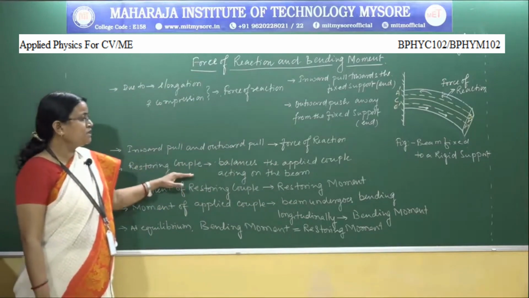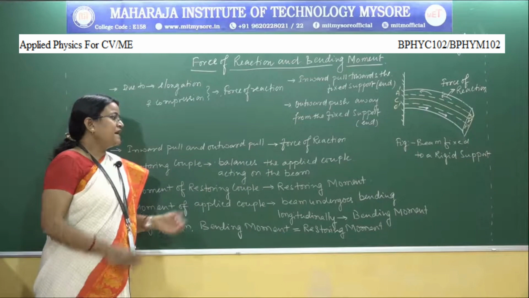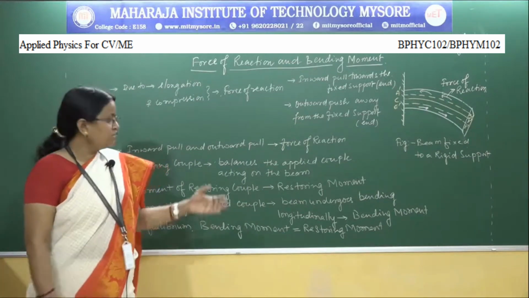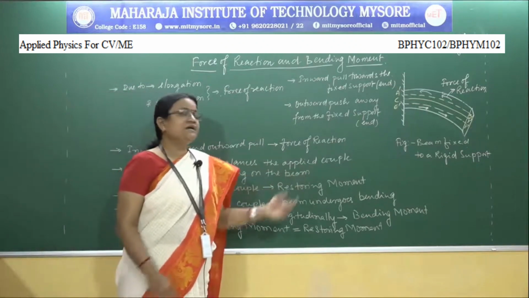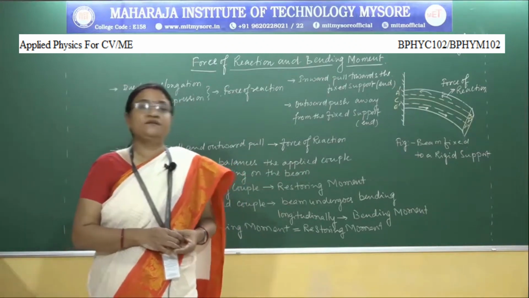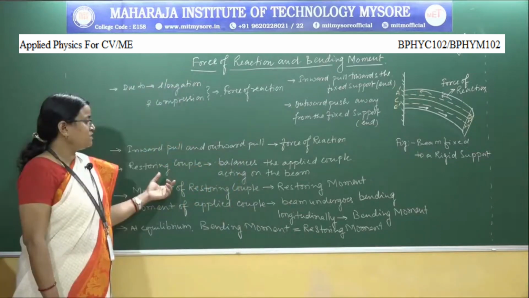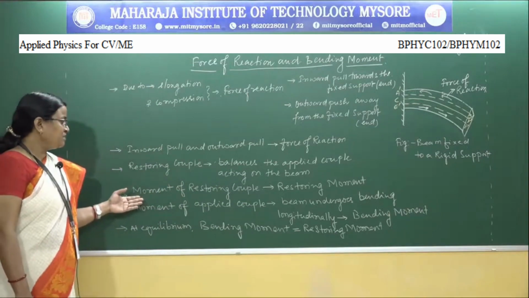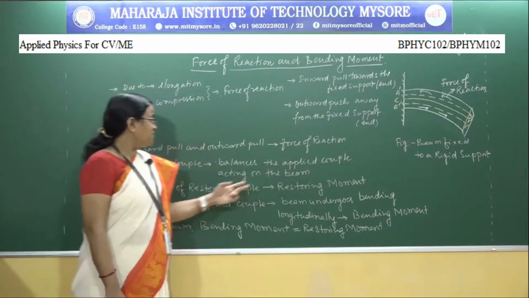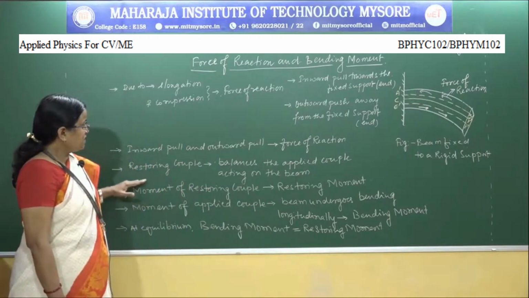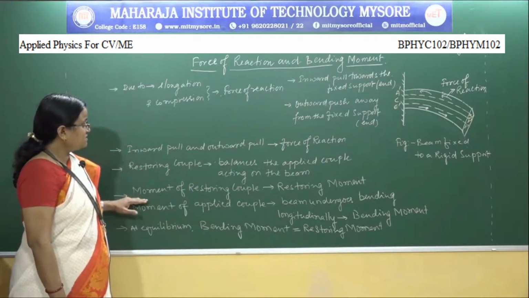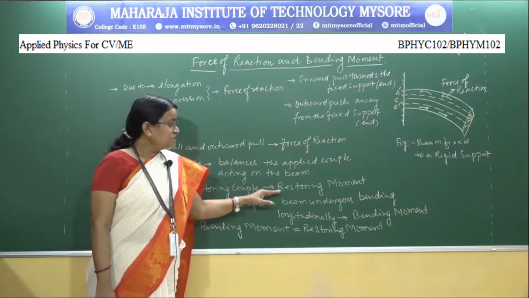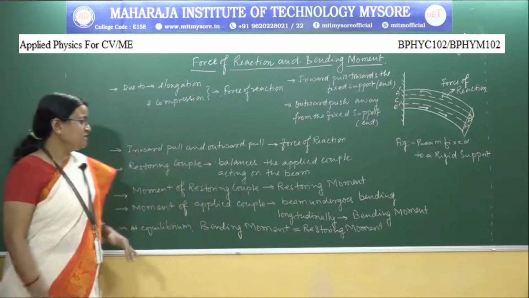So the restoring couple acts in the body to balance the applied couple acting on the beam. The applied couple arises due to the applied load. The restoring couple balances the applied couple acting on the beam, and the balance between the applied couple and the restoring couple is known as the moment of the restoring couple, which arises due to the restoring moment.